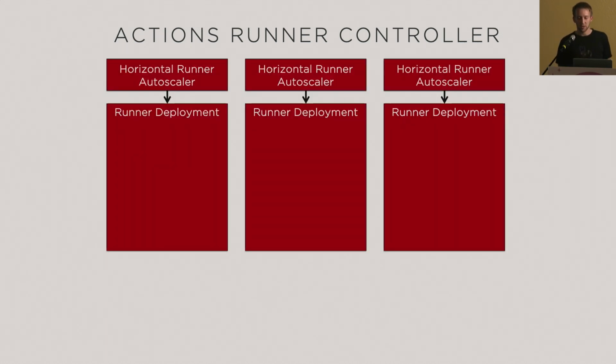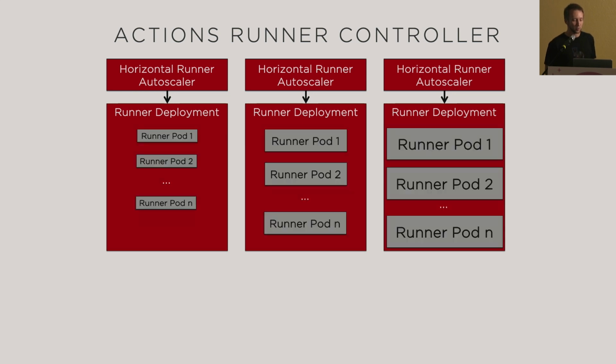So another important detail here is that we actually have multiple runner deployments, and each of them has its own autoscaler. This might seem weird, but the reason for this is that each runner deployment uses a fixed size runner in terms of the CPU and memory resources that are allocated. And you can imagine that resource requirements vary. So if you're just linting some YAML, that's very different than building a large Scala project.